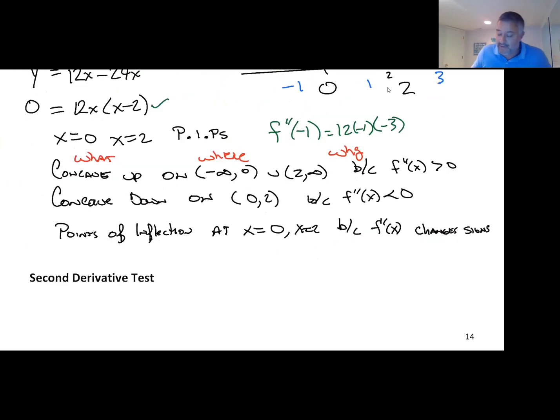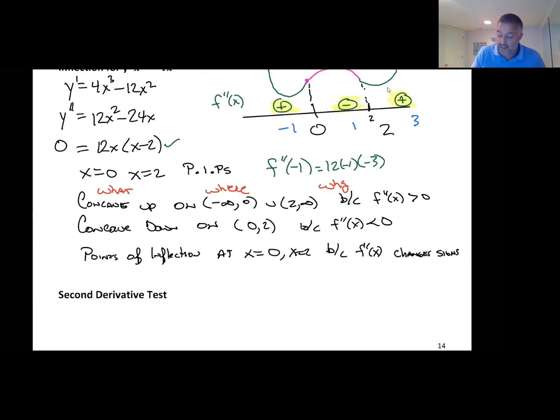You could write them individually, x equals 0 because it switches from positive to negative, and x equals 2 because it switches from negative to positive. All right, so all three have a what, all three have a where, and all three have the justification, which is the why.